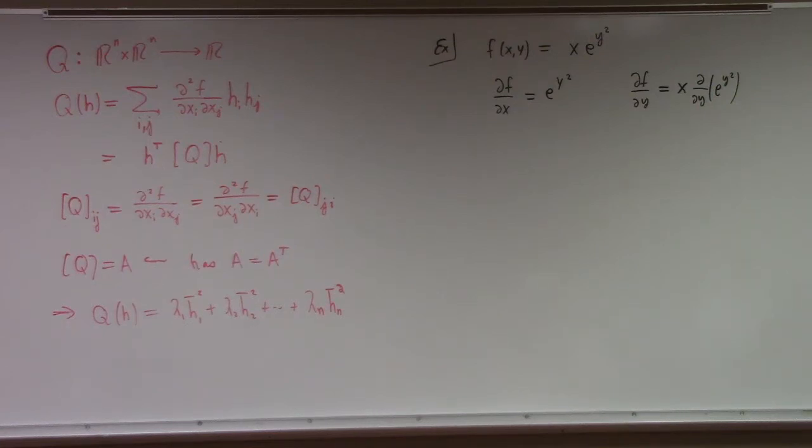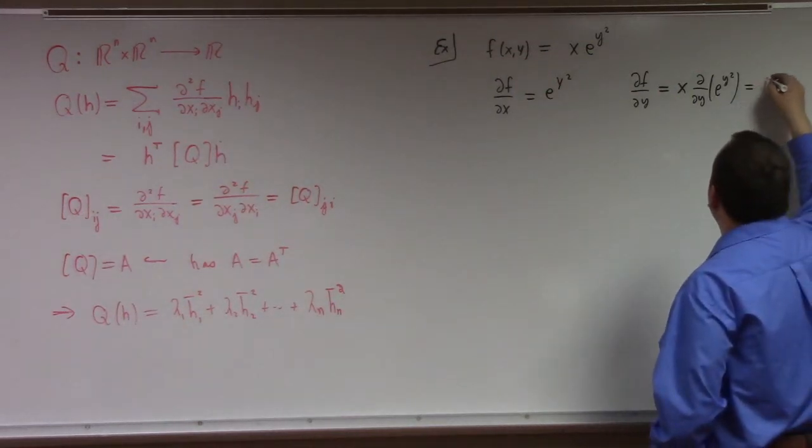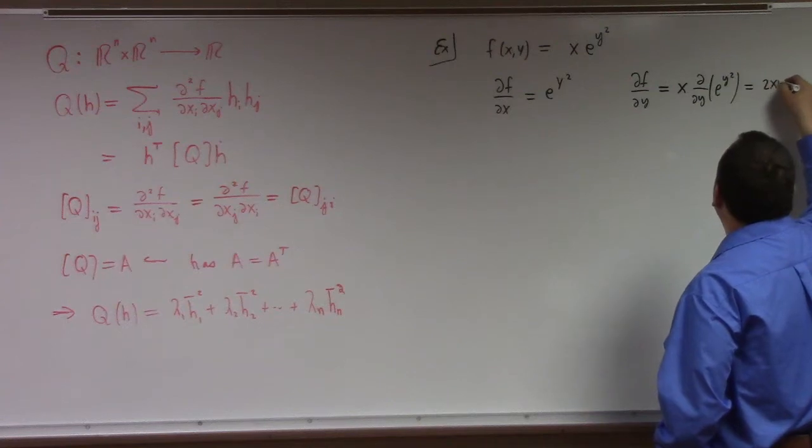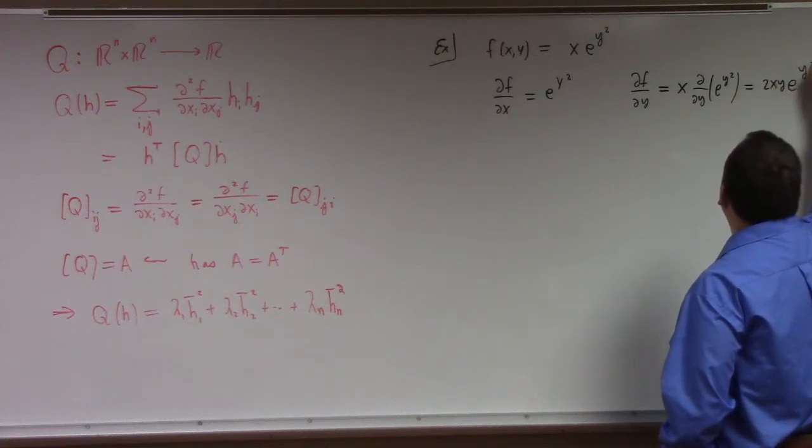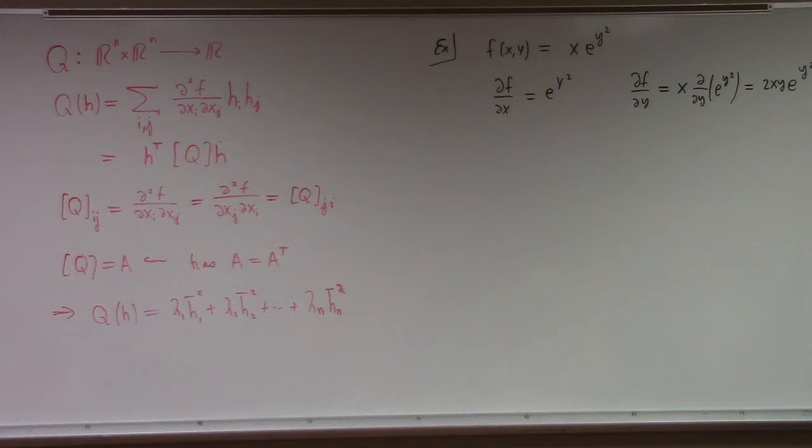Trust me, you can learn this with far less effort than it took you to learn elementary row operations. Elementary row operations are way harder than partial differentiation. Those of you who've had Calc 3, do you agree? Yeah, okay. Anyway, here we go. So this is 2xy e to the y squared by the chain rule, right?